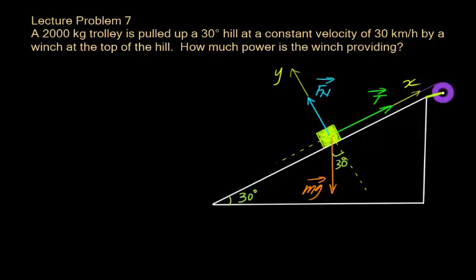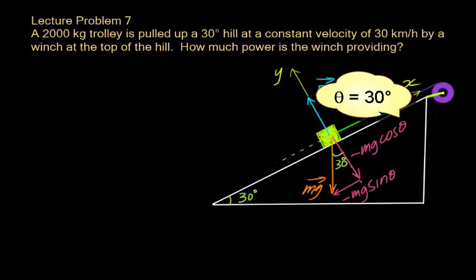Based on this coordinate system, the only force that needs to be broken into components is the mg, and those two components are negative mg cosine theta along the y-axis, and also negative mg sine theta along the x-axis. Remember that this angle theta is the inclined angle, which equals 30 degrees.